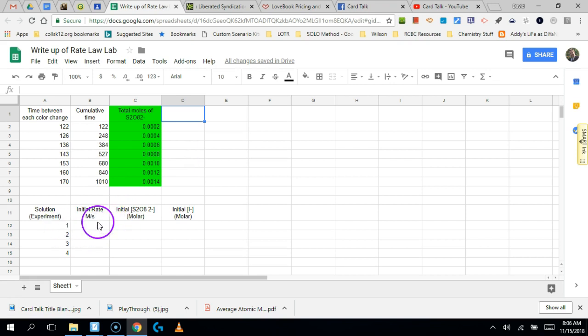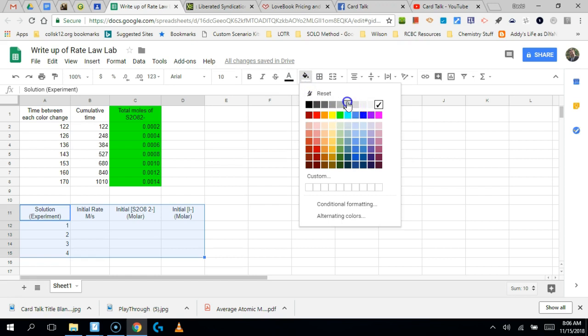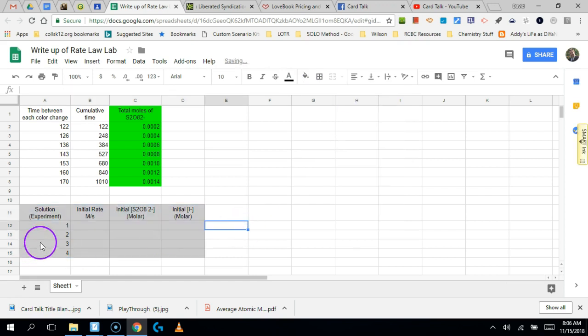What we're ending up trying to do and calculate is to get this table here that is kind of like a method of initial rates problem. We did 4 experiments, which we called solutions in the lab: solution 1, 2, 3, 4. And this data up here goes to determining what the initial rate is.